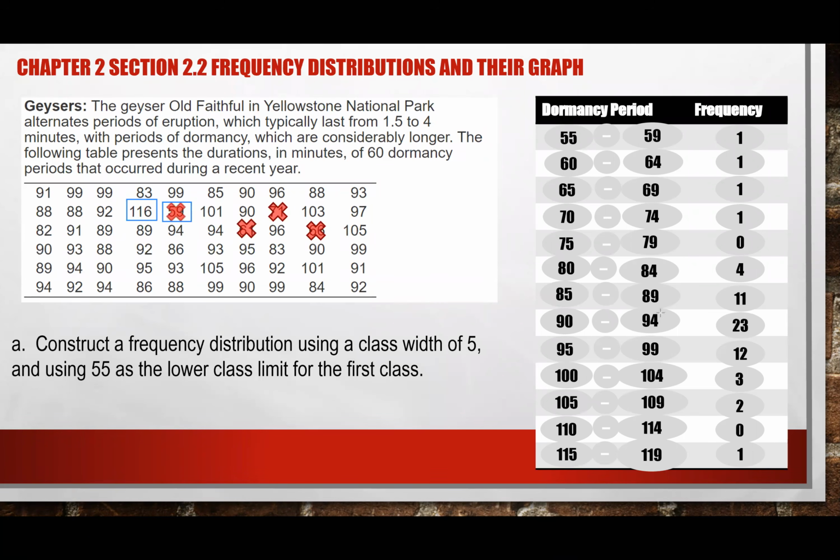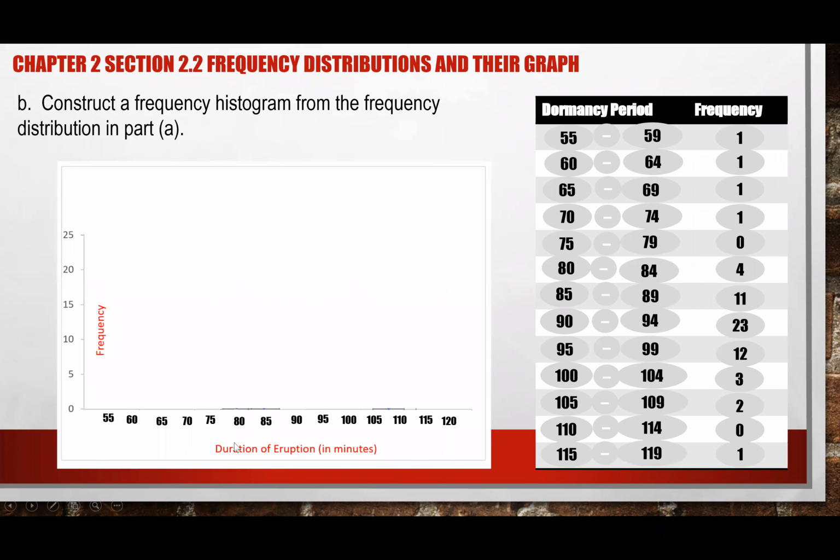All right. So after you find this frequency distribution table, the next thing they will ask you is to construct a histogram. So how do we construct the histogram? The histogram is easy in the sense that all you need to do is make sure that your horizontal axis is your data.